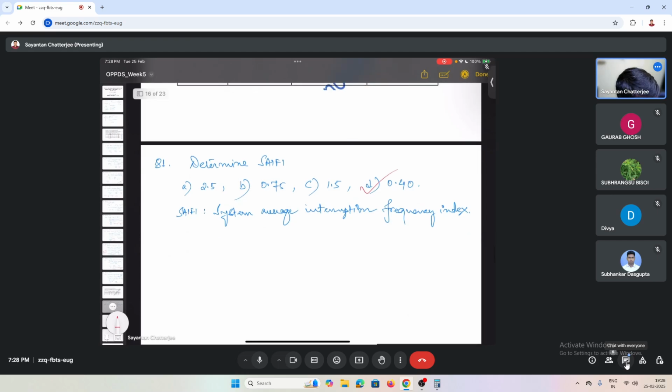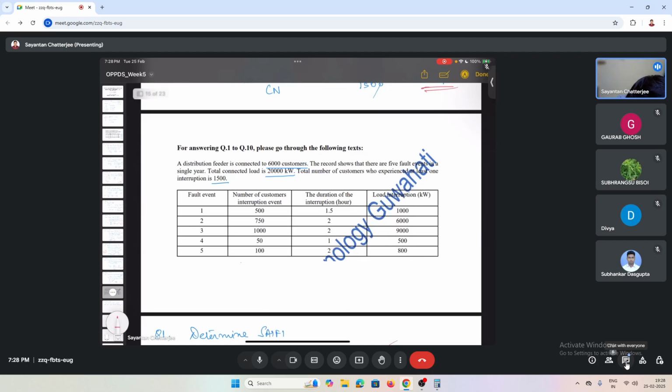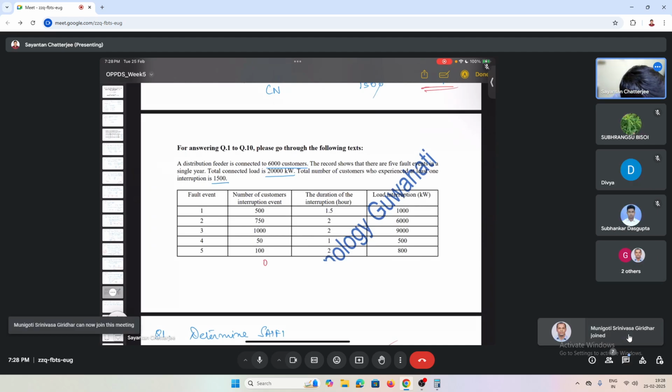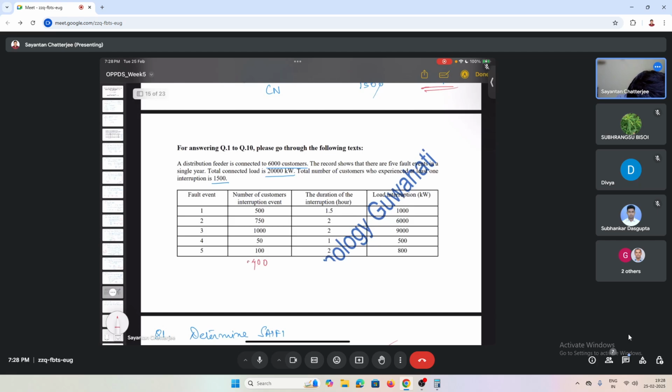So let's do it fast. Psi phi is the number of customer interruptions, so let's sum all these first. It's 0, 0, 0 again, 1, 2. Is this value coming to 2400?